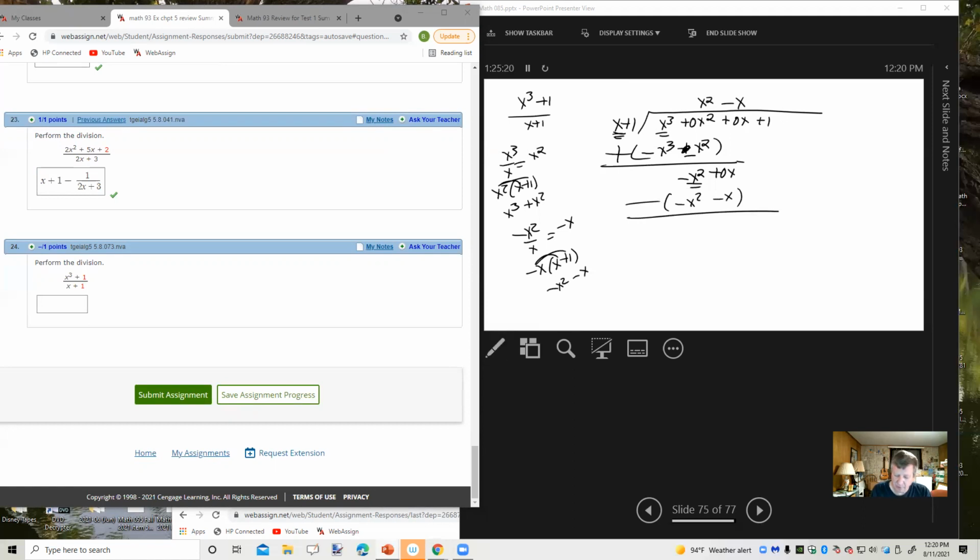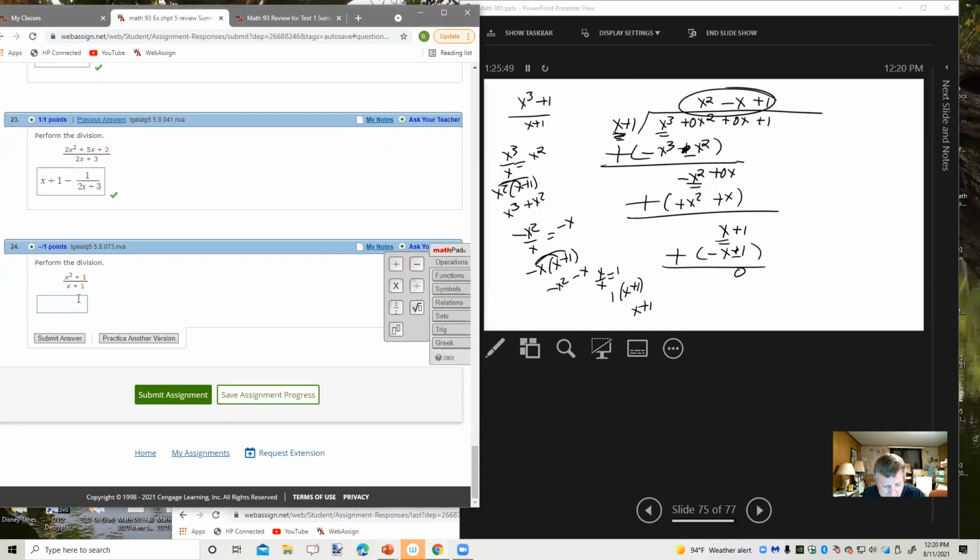Subtract that from what's up above, change it to addition of the opposite. Negative x squared plus x squared is 0. 0x plus x is x, x plus 1. Leading term inside divided by leading term outside is plus 1. And 1 times x plus 1 is x plus 1. Subtract that from what's up above, change it to addition of the opposite. We get 0. I know I'm going kind of quickly there. I must be getting hungry. It's about lunchtime.